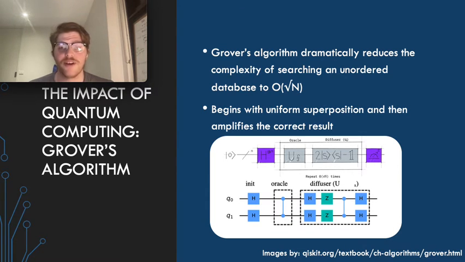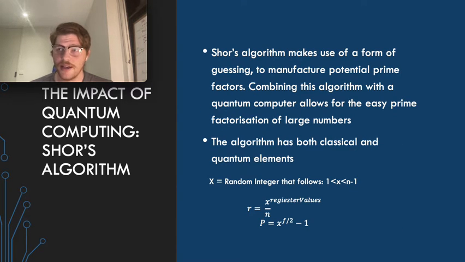This is then amplified root n times and then measured. The probability is not 100% correct due to error correction, but this will likely get the correct answer within the root n complexity.